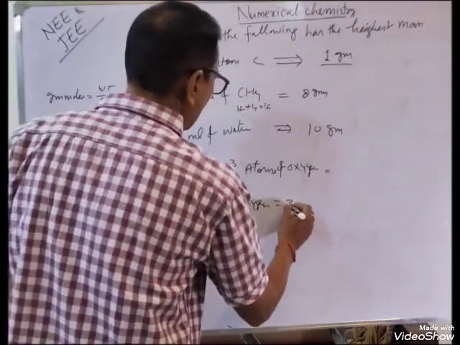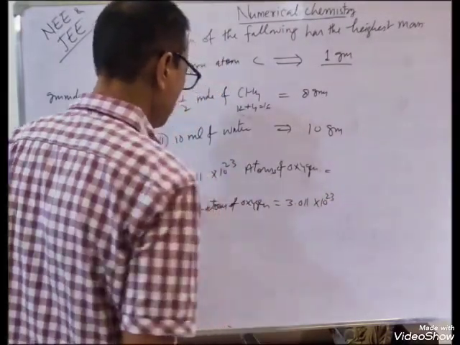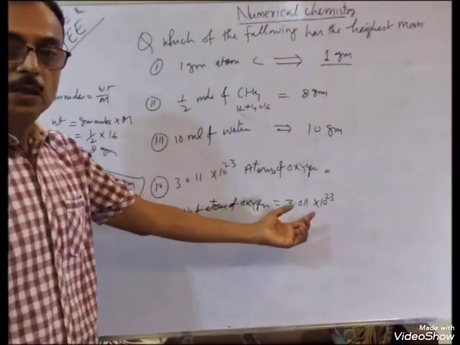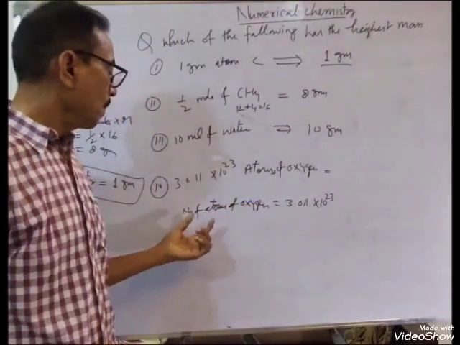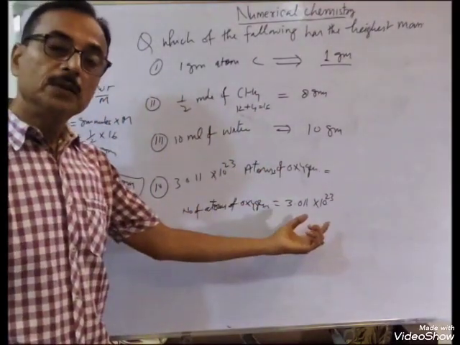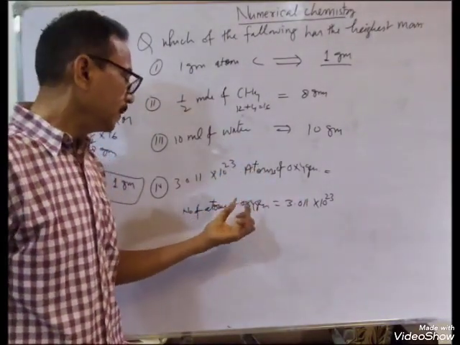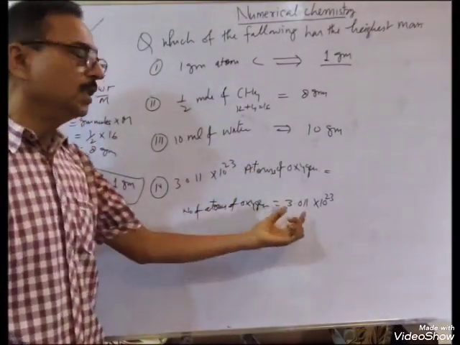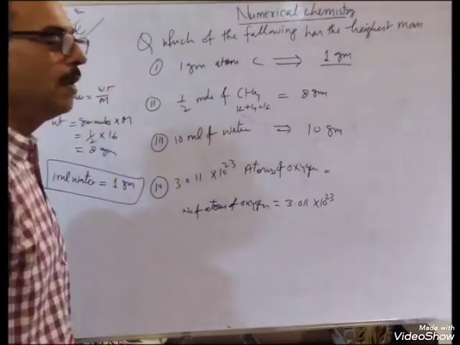This is 3.011 into 10 power 23. Number of atoms is this, and 1 gram atom contains N atoms. In Avogadro number of atoms is this, so divided by Avogadro number you will get the gram atom.